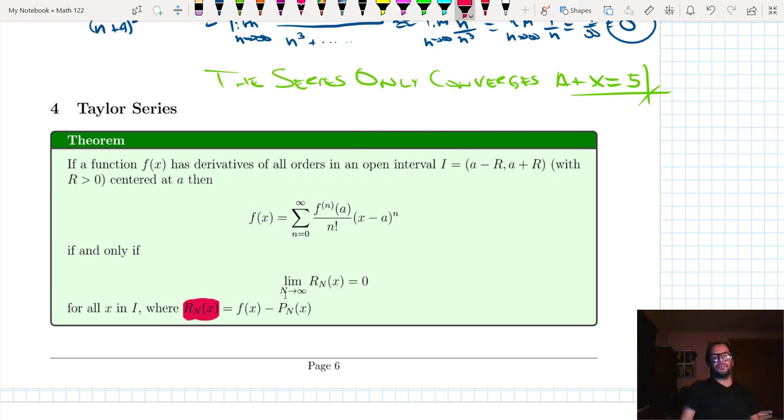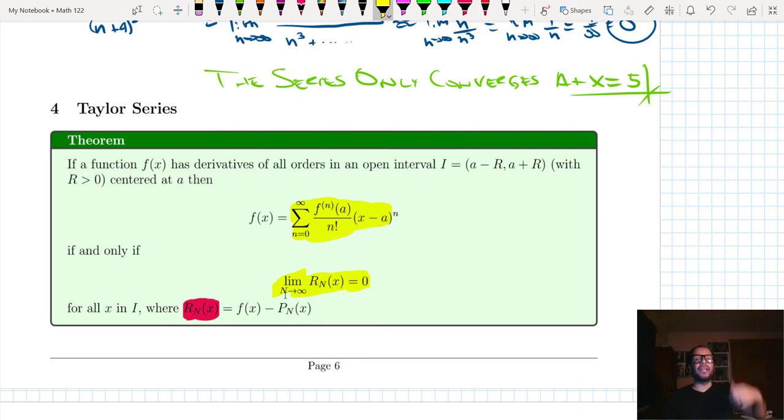And in this case, a function is defined as a series like the one that we have here, provided that the limit of the remainder, the part that we don't consider, that we basically ditch in the approximation, is zero. When we did that section, we used 3 terms or 4 terms.